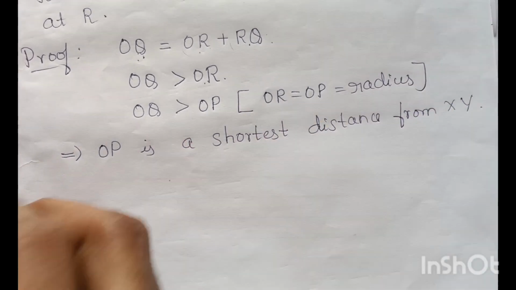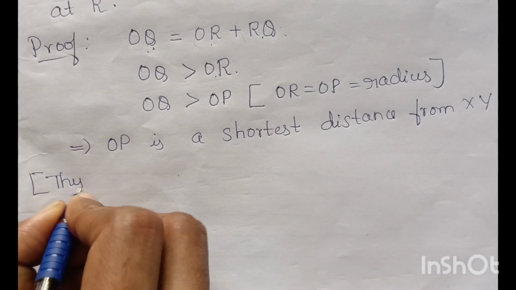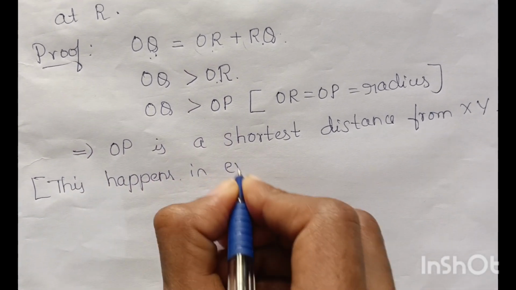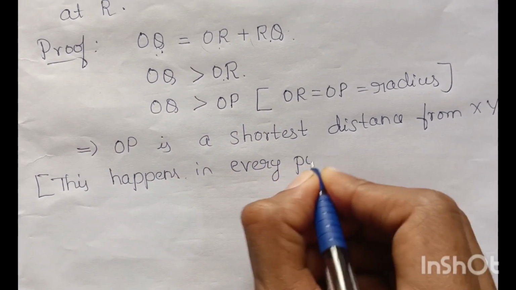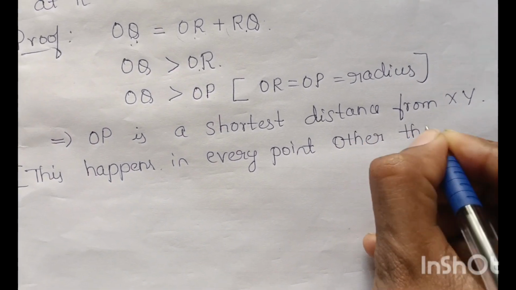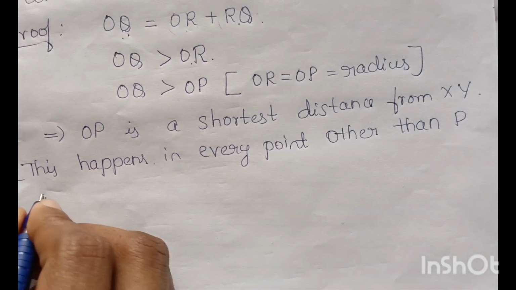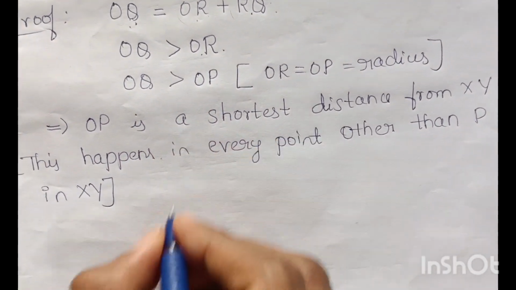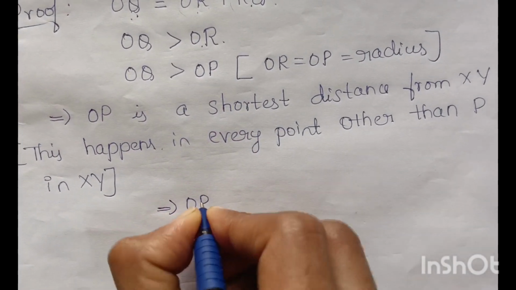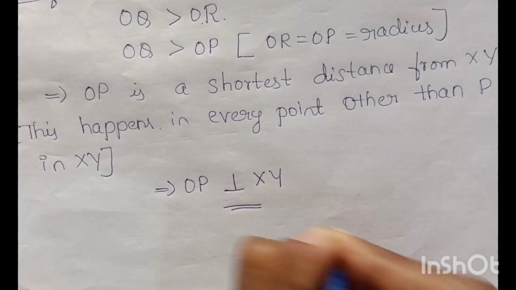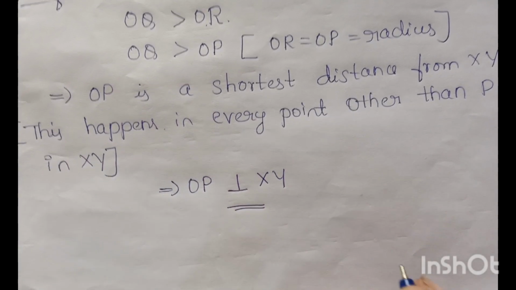This happens for every point other than P on XY. So since this is the shortest distance, this implies OP is perpendicular to XY. Hence the theorem is proved.